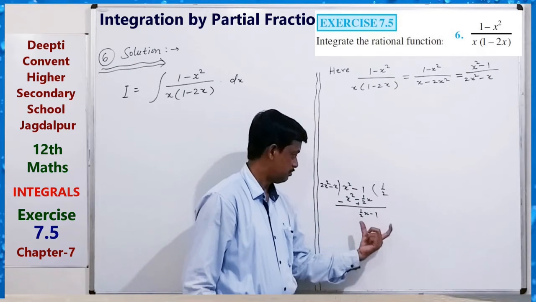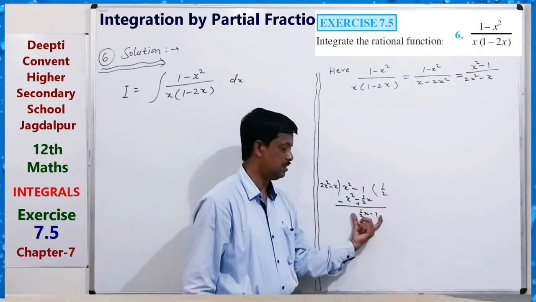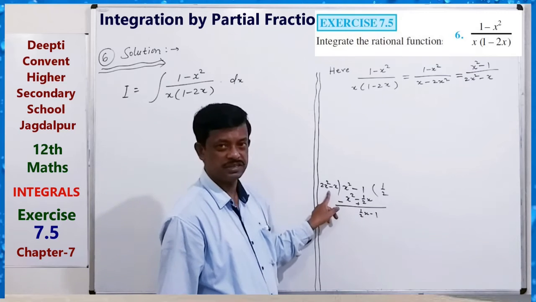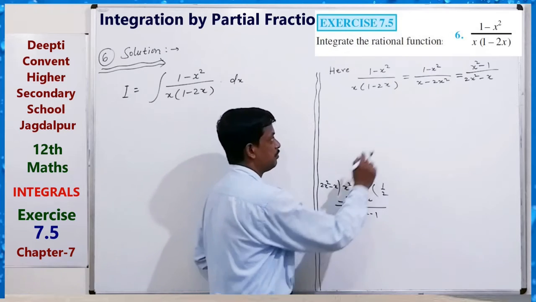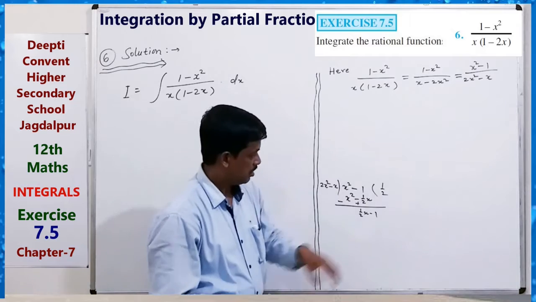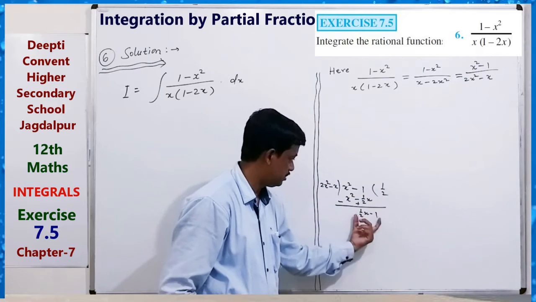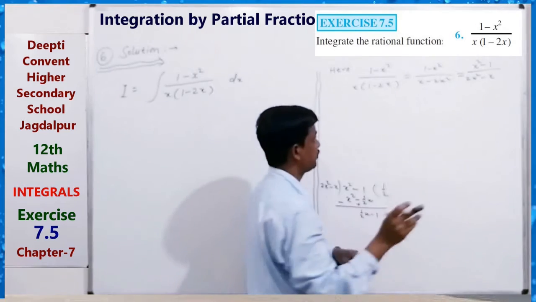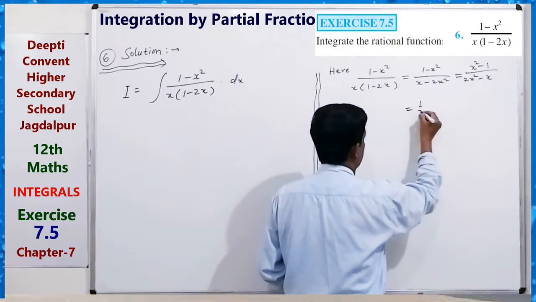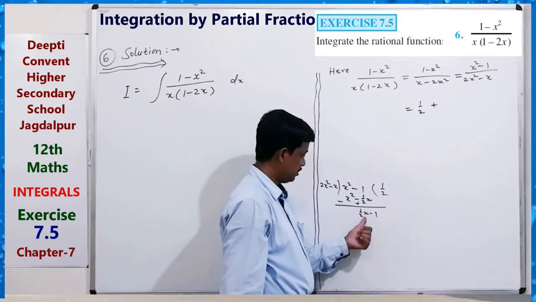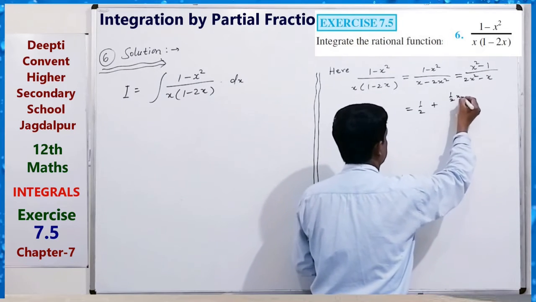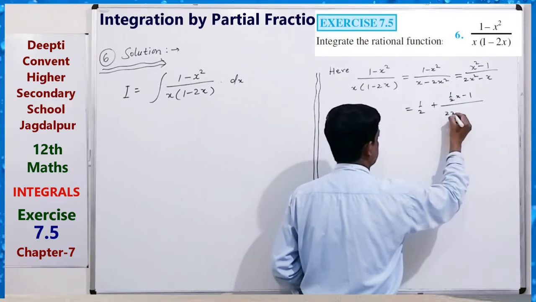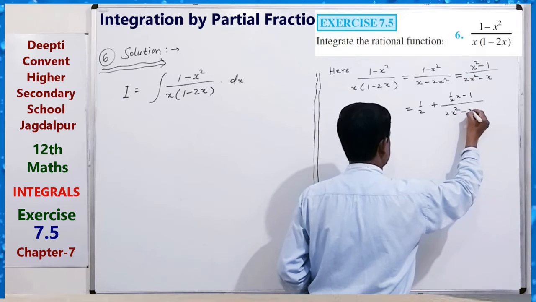So the power of this quantity is less than the power of the divisor. So we can write this equals half plus this upon this. After division we can write half plus (half x minus 1) upon (2x square minus x).